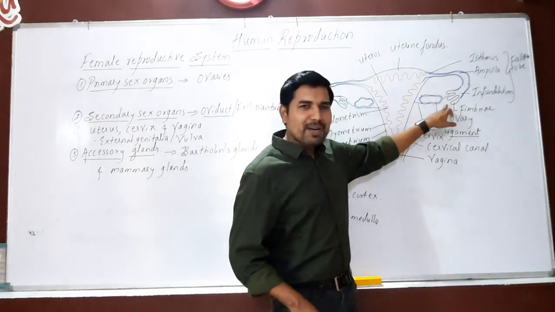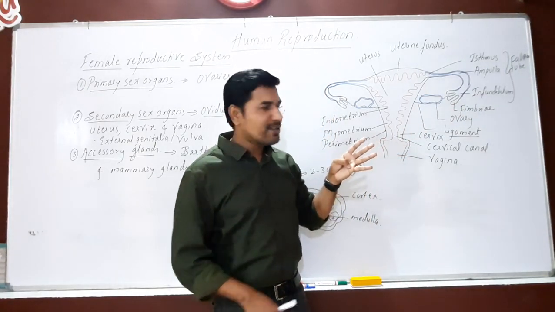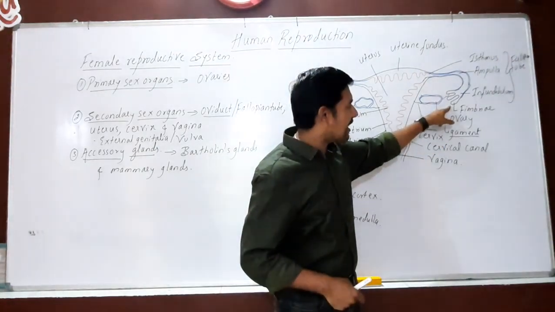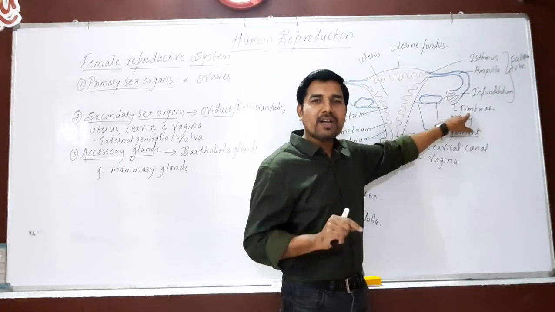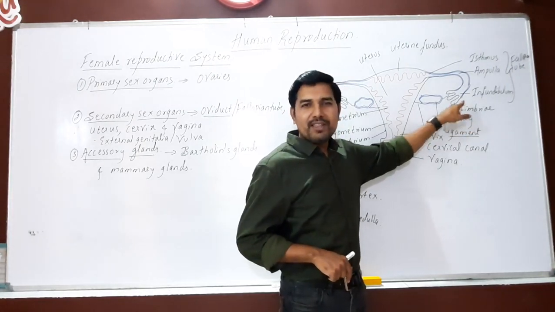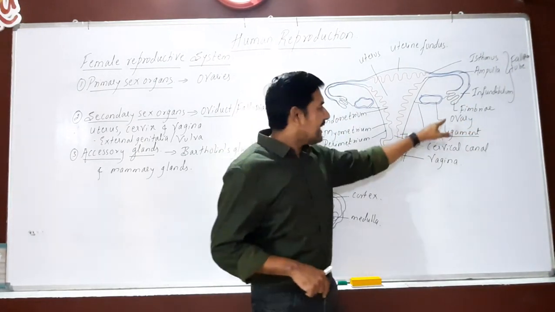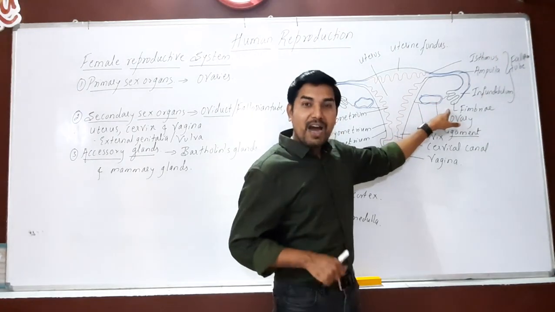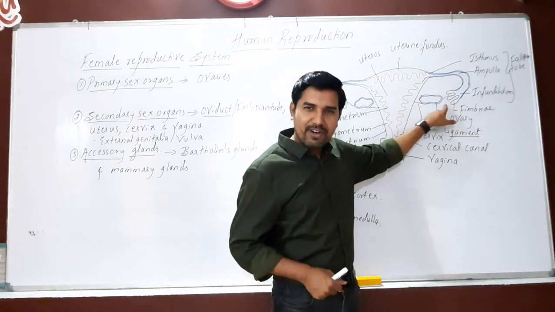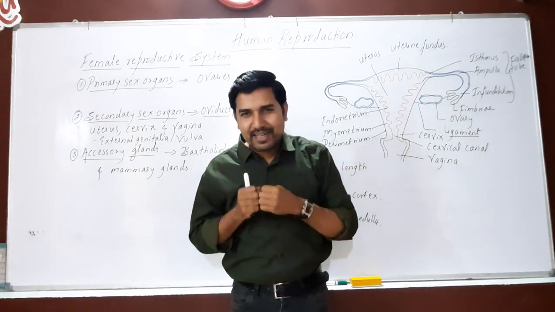Now the infundibulum consists of finger-like projections. These finger-like projections are called fimbriae. What is the function of these fimbriae? They collect the ovum after ovulation. When the egg is released from the Graafian follicle, the egg has to be collected by someone.